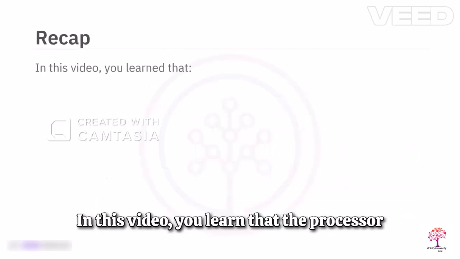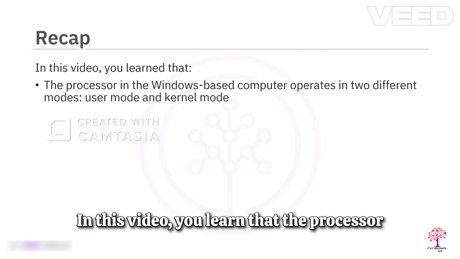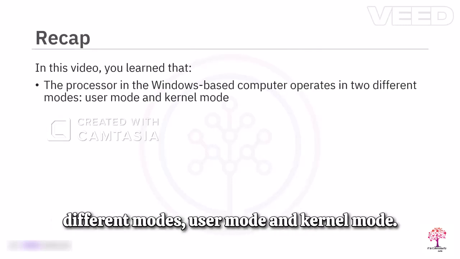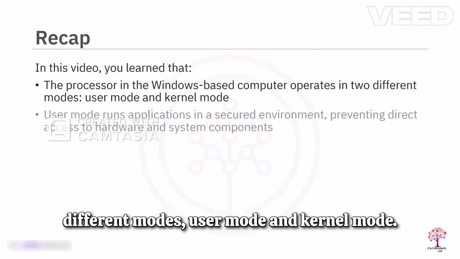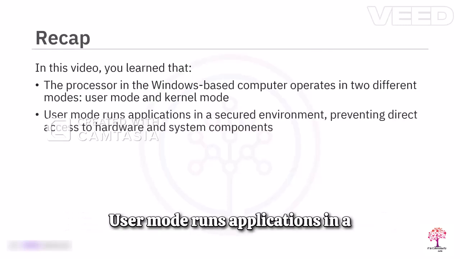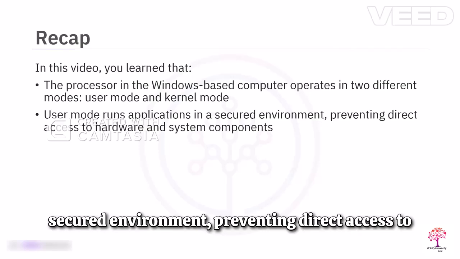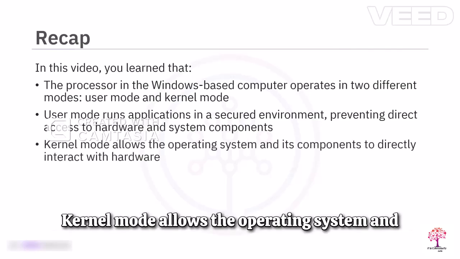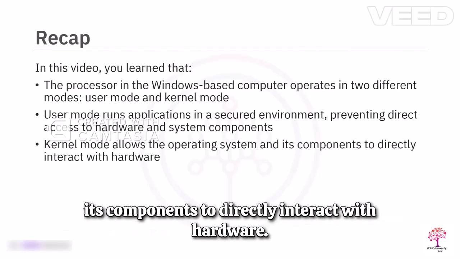In this video, you learned that the processor in the Windows-based computer operates in two different modes, user mode and kernel mode. User mode runs applications in a secured environment, preventing direct access to hardware and system components. Kernel mode allows the operating system and its components to directly interact with hardware.